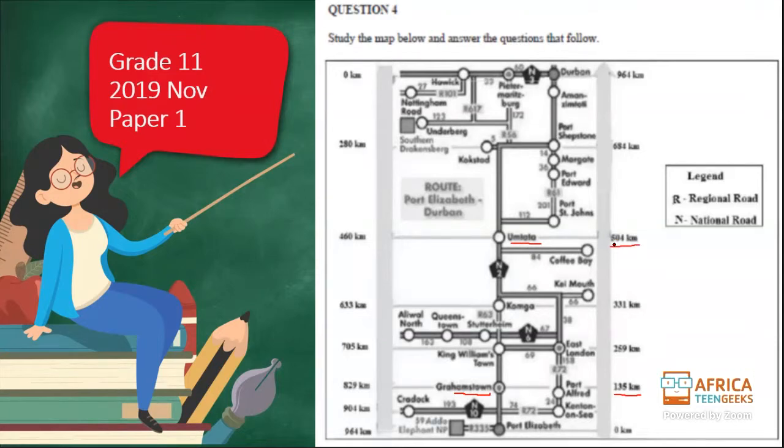So the difference between these two values will give you the correct answer: 544 minus 135. Or alternatively, you could have used these distances on the left. From Durban to Umtata, it's 460, and from Durban to Grahamstown, it's 838. The difference between these as well should give you the same answer.